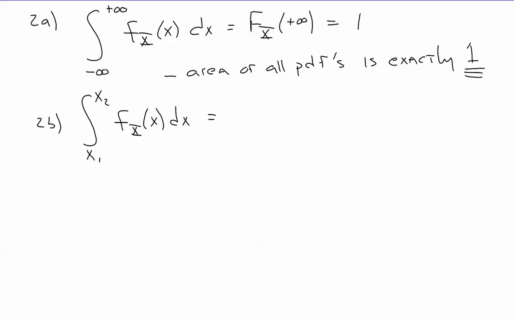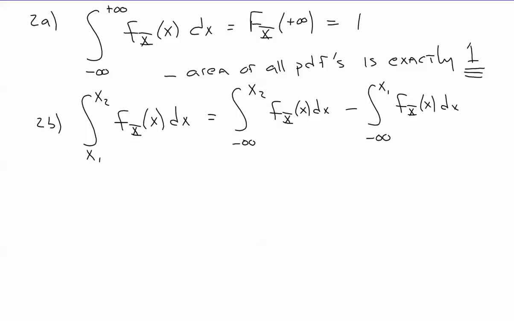Well, I can clearly split this up into the integral from minus infinity to x2 over my probability density function, little f, and subtract from that the integral from minus infinity up to x1. And this is my cumulative distribution function evaluated at x2 minus my cumulative distribution function evaluated at x1.